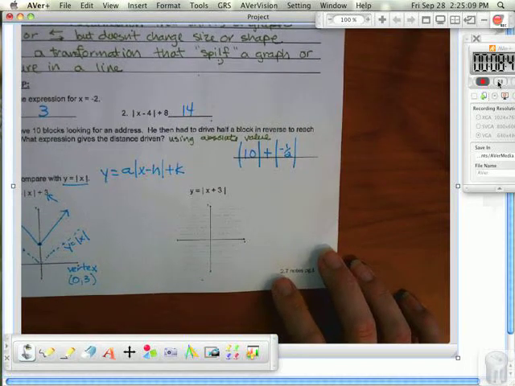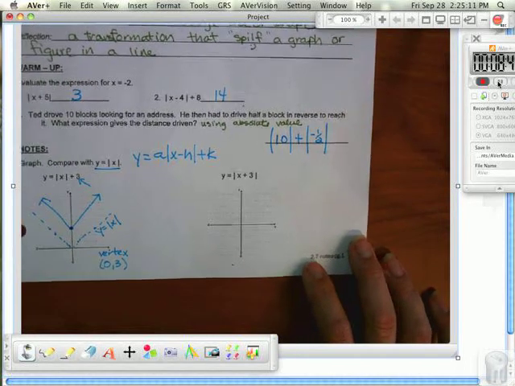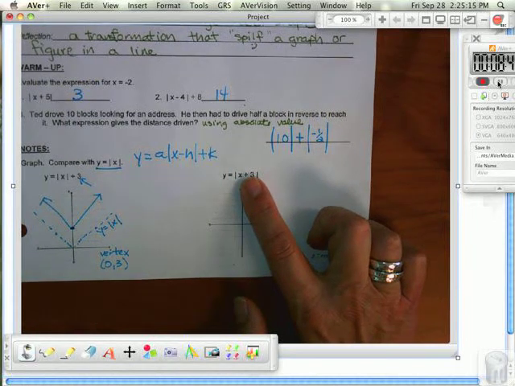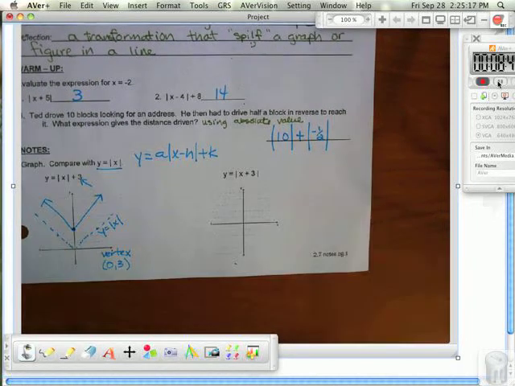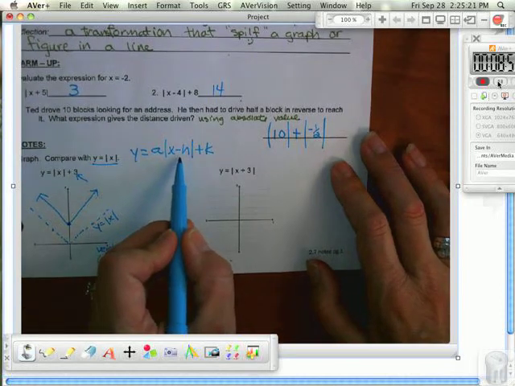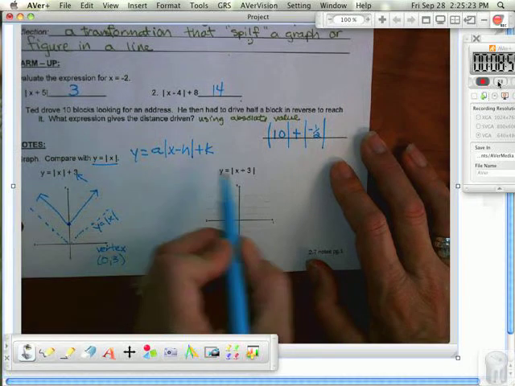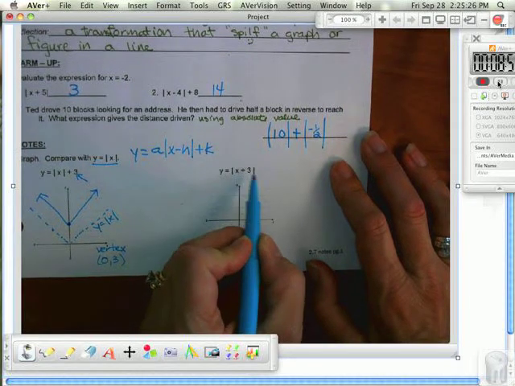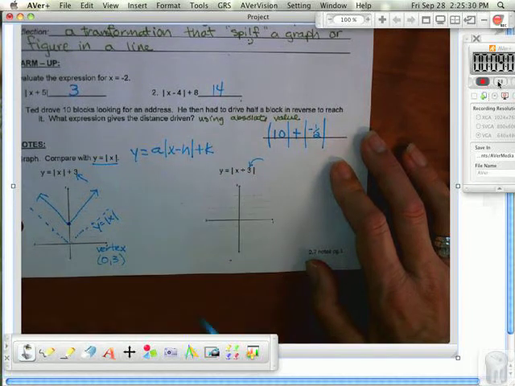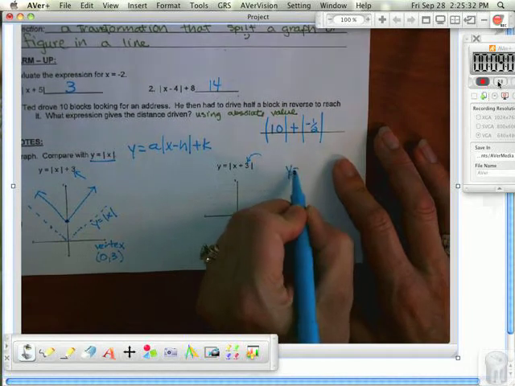All right. Look at the difference here. This plus 3 is where? It's inside, so it shifts which way? But look, we started with a minus h. So in order to get it to be a plus 3, we had to stick in a negative 3, didn't we? We had to stick in a negative 3, which means it goes to the left. y equals the absolute value of x minus h.